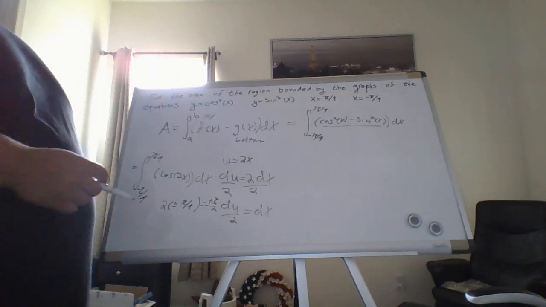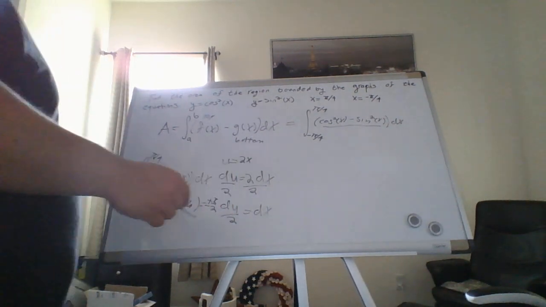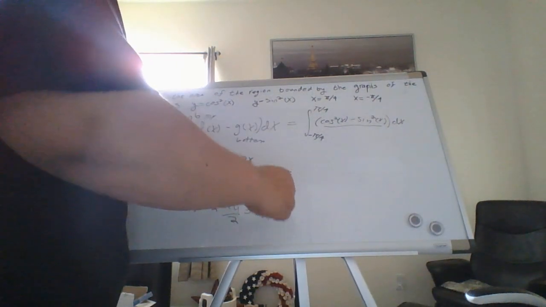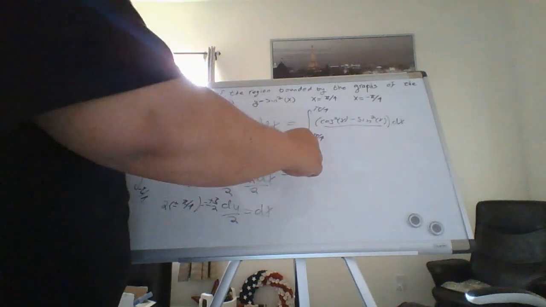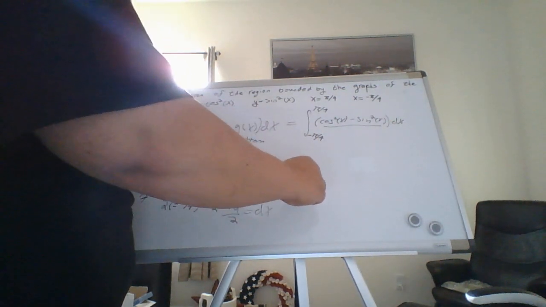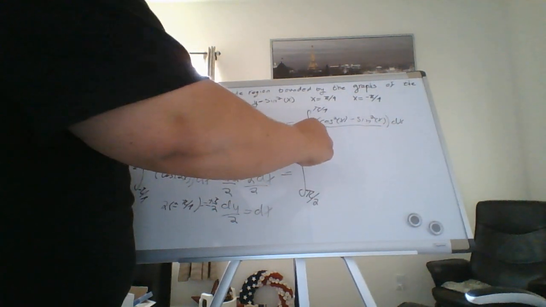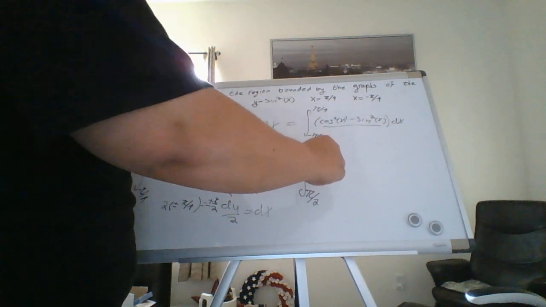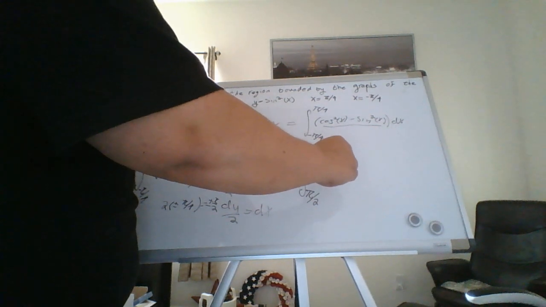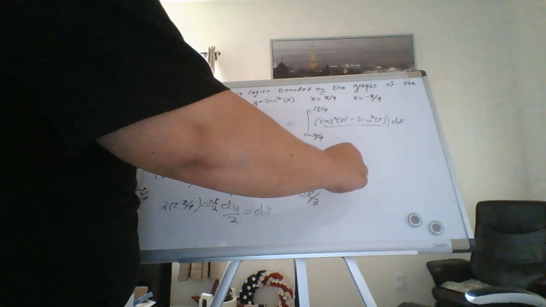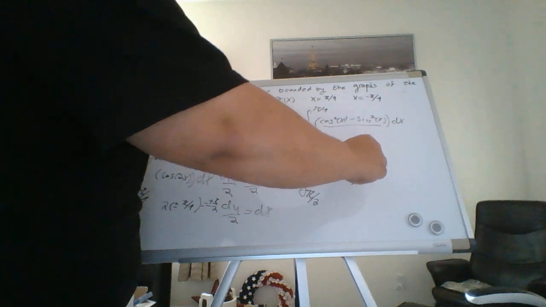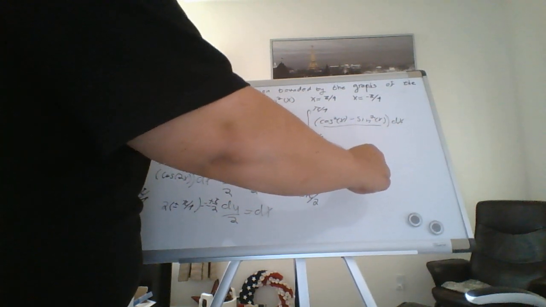So the antiderivative or integral of this equals, let me show you, the integral from negative pi over 2 to pi over 2 of cosine of 2x, or just u, du over 2.